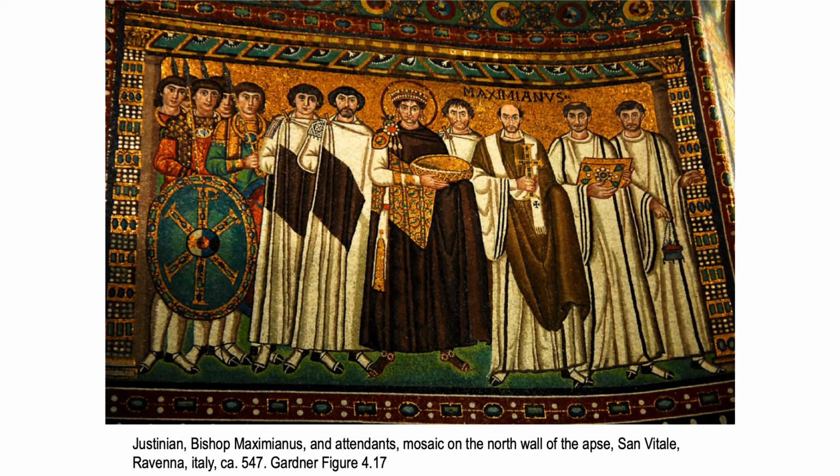We know that the artists that designed the mosaics, and we saw the ivory carvings that were done in the facial style of the imperial style, came from what we think were pattern books.